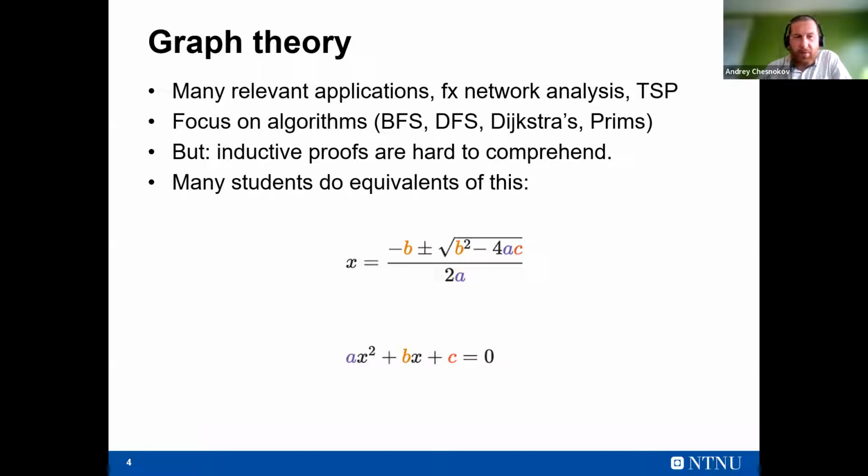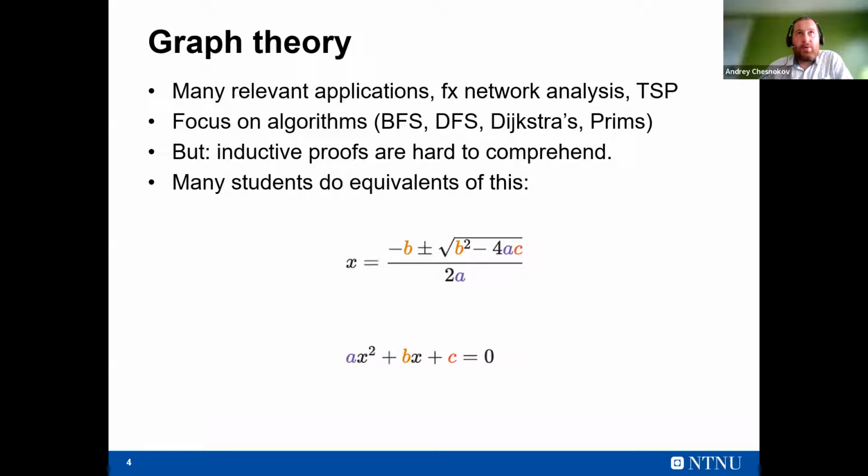There are quite some relevant applications, like network analysis, the traveling salesman's problem, or other graph traversing things like finding the shortest path, or the cheapest way to fly from A to B. The course has traditionally had some focus on algorithms like breadth first search, depth first search, Dijkstra's and Prim's algorithms, and students like it.